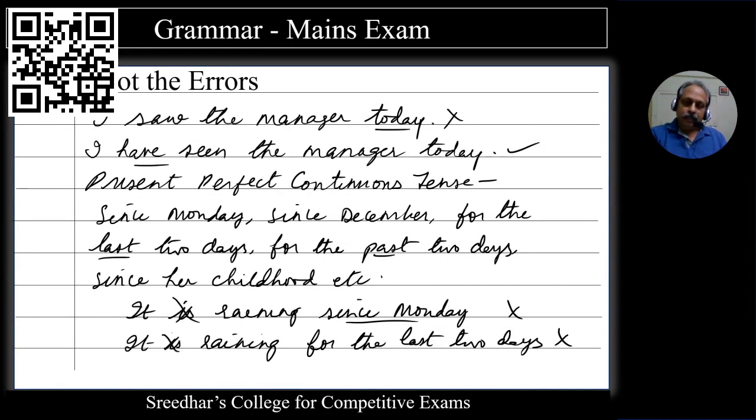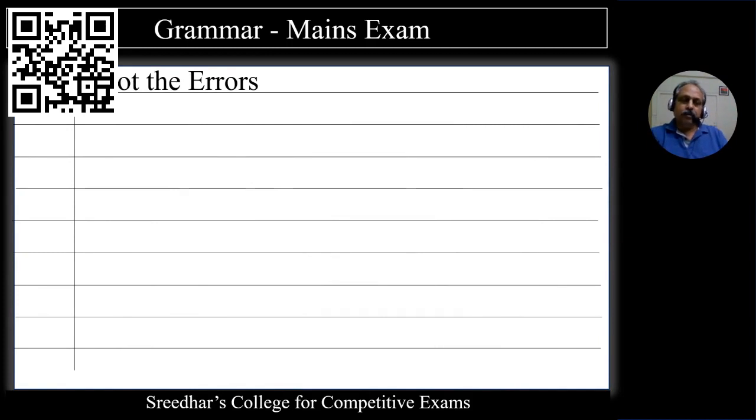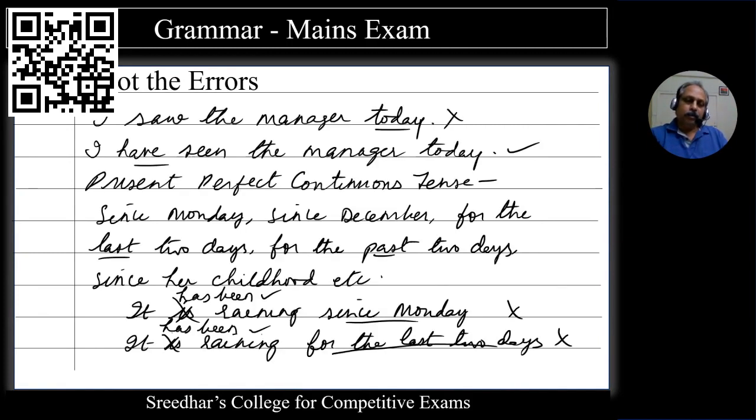What is the correct sentence? It is raining since Monday, not correct. It has been raining since Monday, or it has been raining for the last 2 days. Has been raining since Monday, for the last 2 days. These two are time phrases that go with present perfect continuous. Now let us go to the next one.